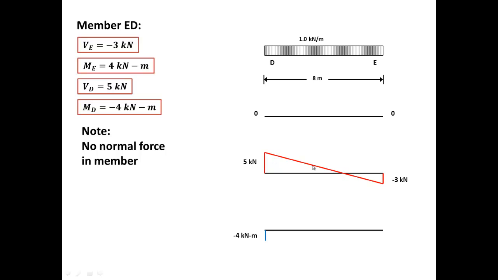And whenever the shear diagram crosses the horizontal axis, that means there is a maximum moment at this point. Is it going to be a straight line or a curved line for the moment diagram? It's going to be curved because the shear diagram is gradually decreasing.